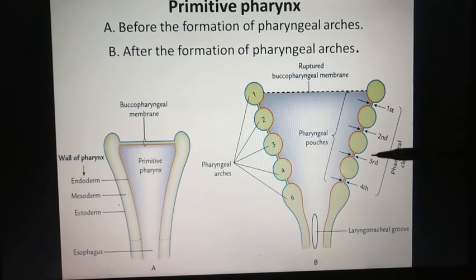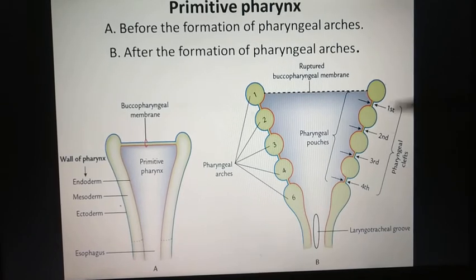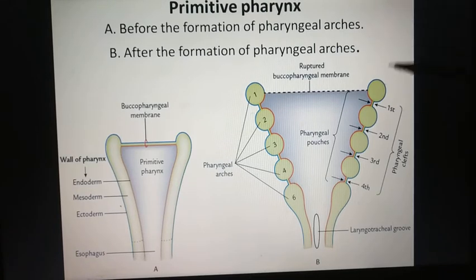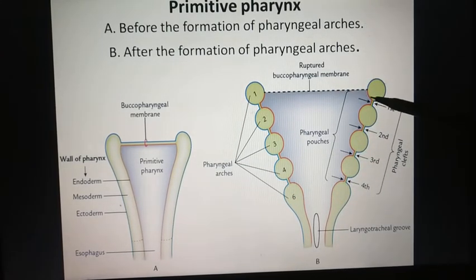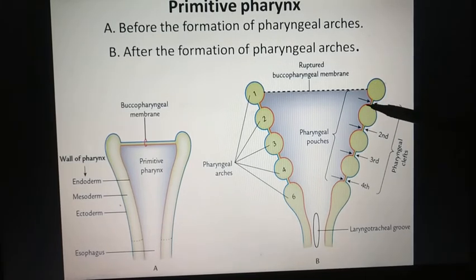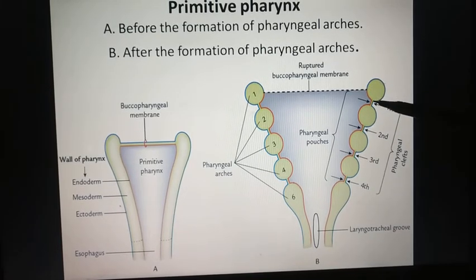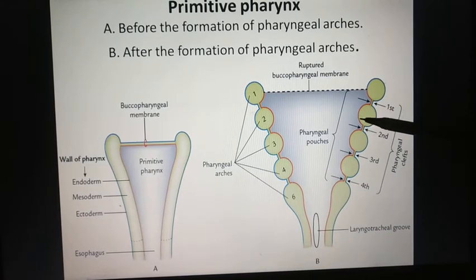So 1, 2, 3 and 4, these are the pharyngeal clefts, formed by dipping of the ectoderm between adjacent arches. And here you can see this reddish lining. This is the endodermal lining of the pharynx, which is lining the mesodermal arches, and it is evaginating, and then again it is covering the next arch.